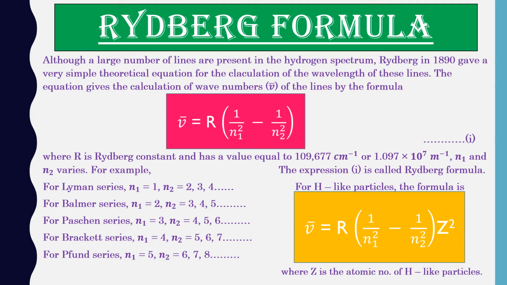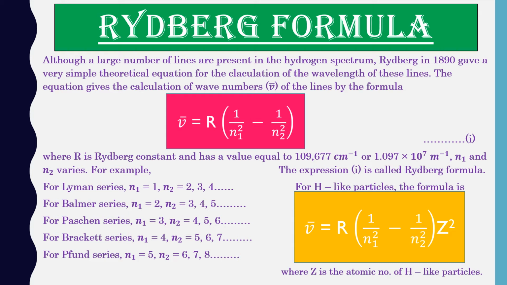Rydberg in 1890 gave a very simple theoretical equation for the calculation of wavelengths of these lines. The equation gives the wave numbers of the lines by the formula.